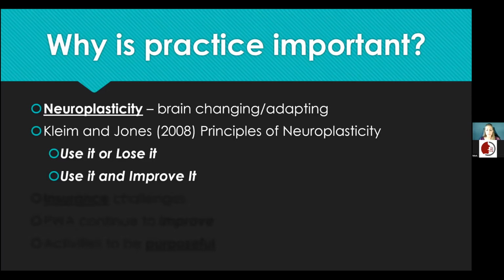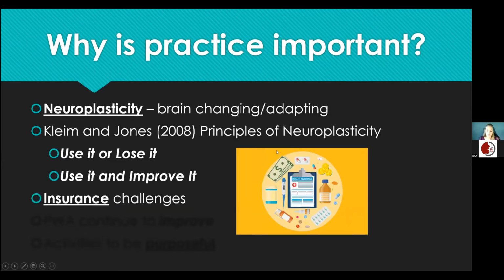And one of them states that if you don't use it, you lose it. And kind of as it says in the name, if you're not practicing your communication daily in some way, shape, or form, then those communication skills can decline. And sort of related to that, if you use it, you can improve it. So the more you communicate, the better your communication gets. I always tell my patients, talking is the best therapy to improve your talking. And I mean, it's true. So this is why aphasia therapy and ongoing practice is really important and beneficial.